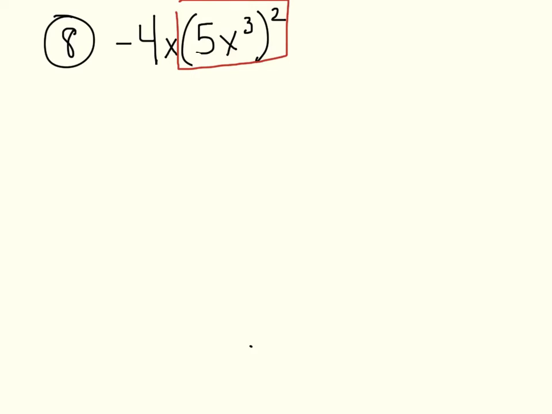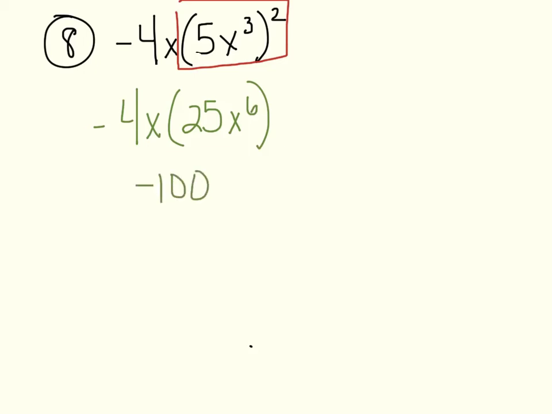That would give me negative 4x times 5 squared is 25, and 3 times 2 would be x to the sixth. Negative 4 times 25 gives me negative 100, and then x times x to the seventh. Now this is from yesterday. Same base, add the powers. So my answer would be negative 100 x to the seventh.